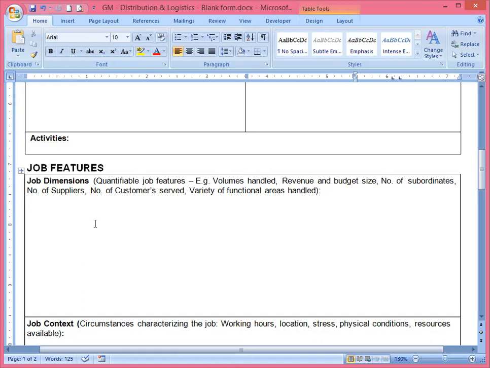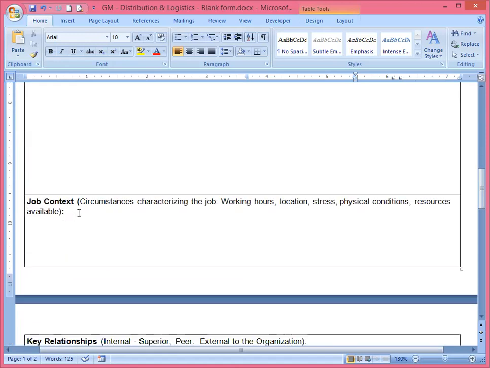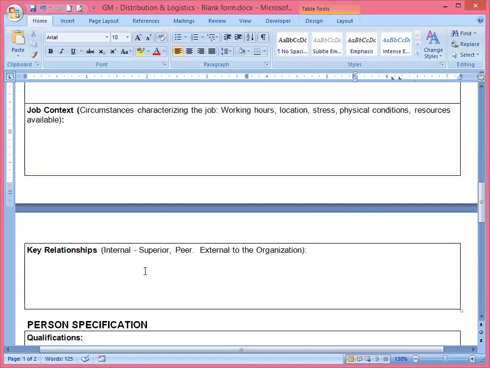These are the things that you're going to write under this box. There's also job context. This is the circumstances characterizing the job in terms of working hours, location, stress, physical conditions, resources available, and key relationships. This could be internal, like the superior or peer, then external to the organization.